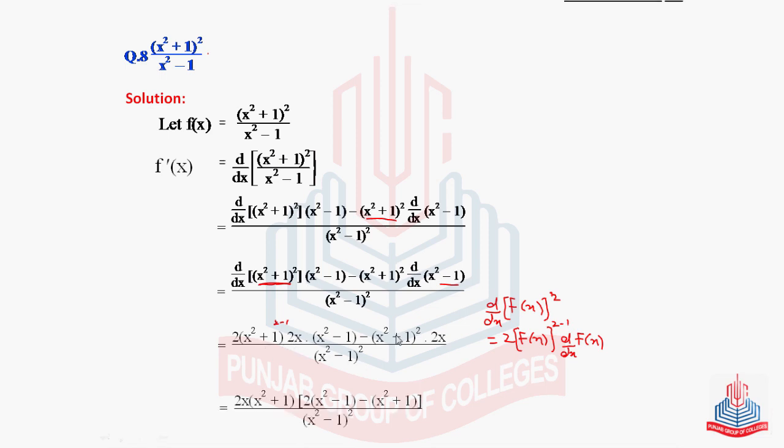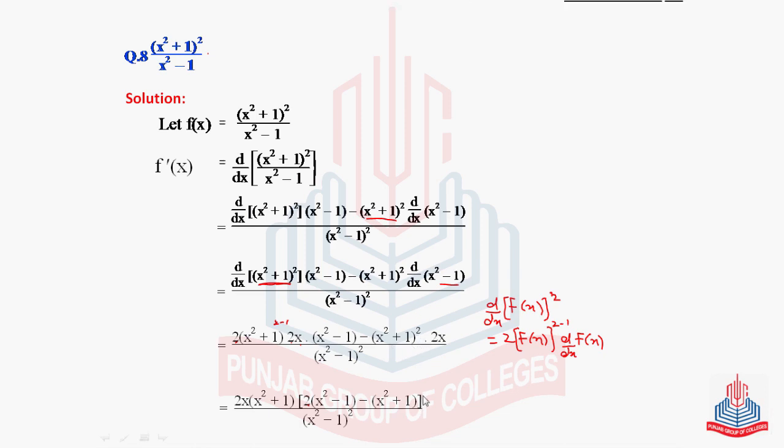So here we have 2x into (x square plus 1) as a common factor. Then there will be left 2 into (x square minus 1). This 2, this x, and this x square plus 1 are common factors of these two terms. So we have only this 2 and this x square minus 1, minus, and from here 2x as a common factor and the (x square plus 1) whole square. We have taken x square plus 1 as a common factor, so we have only x square plus 1 raised to the power 1.